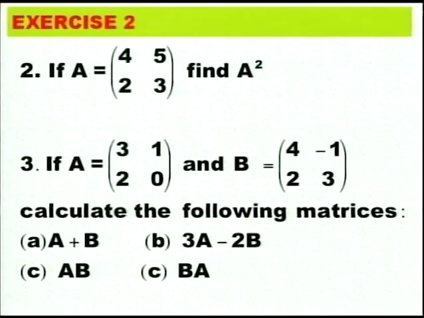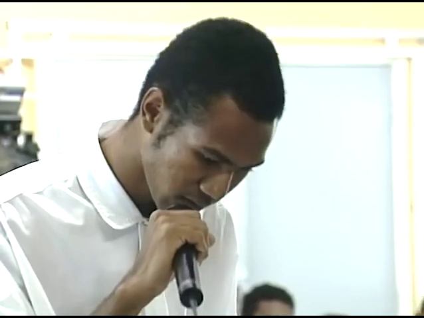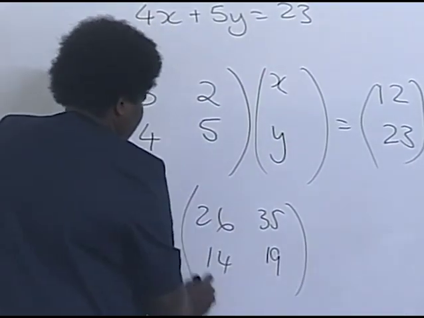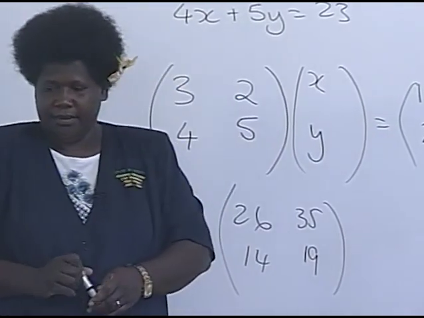Number 2, you have to square A. First column is 26, 14. Next one, 35, 19. Okay, 26, 14, 35, 19.